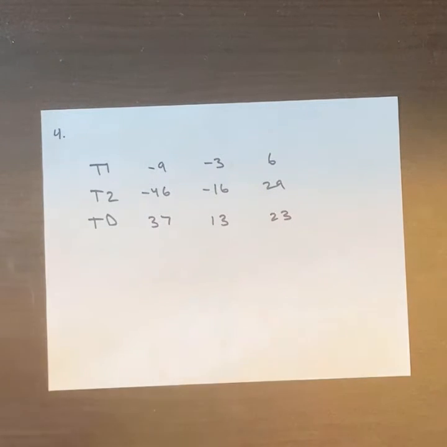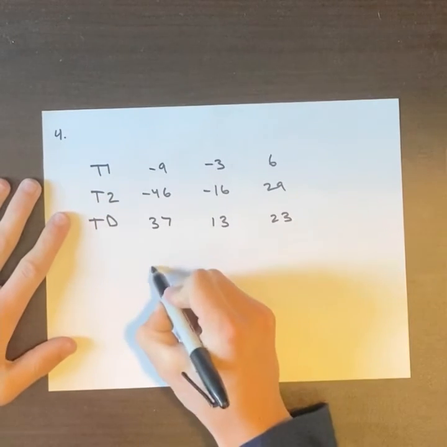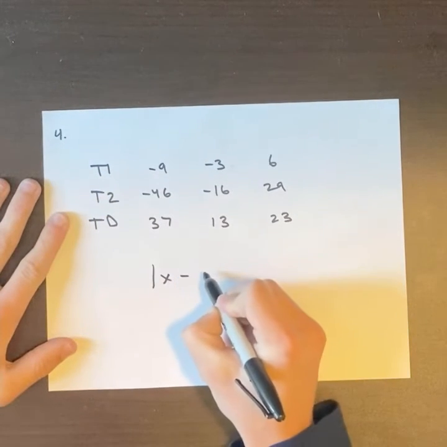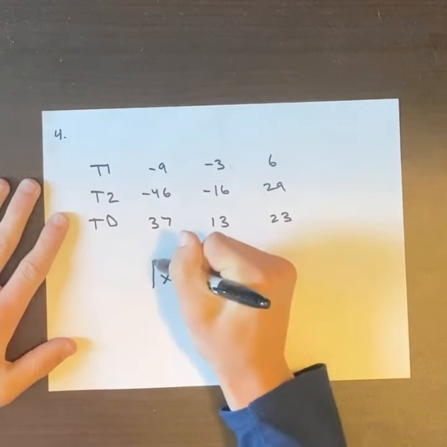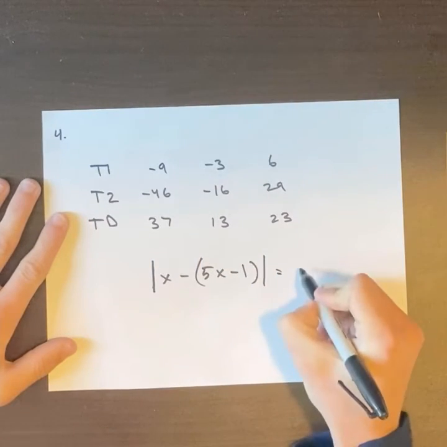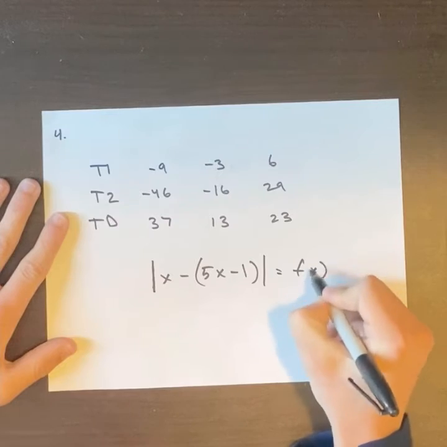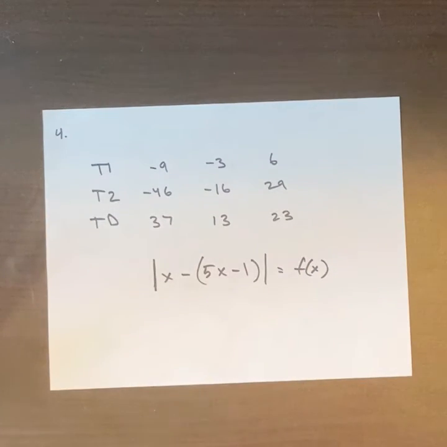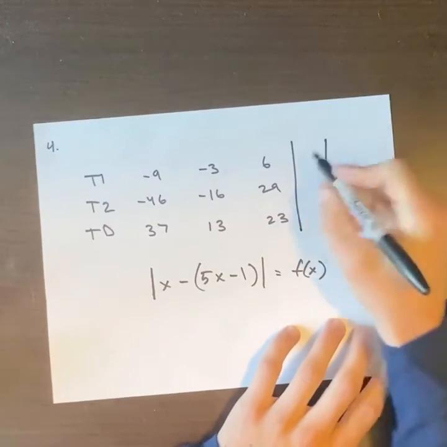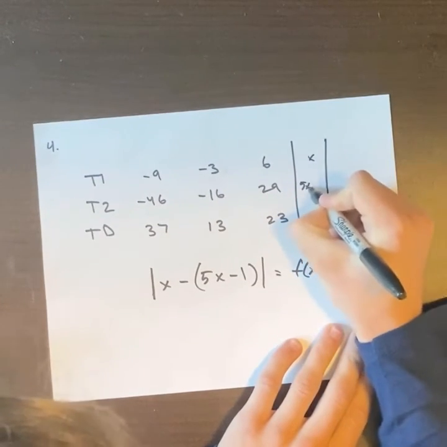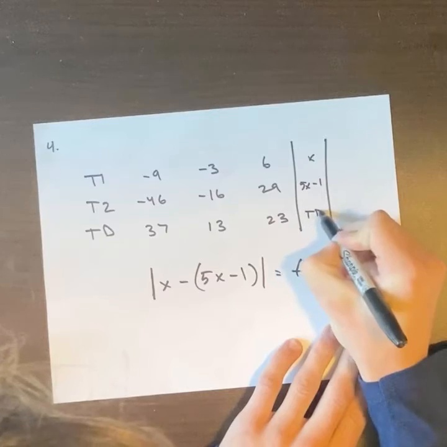And then the equation I found was actually x minus (5x minus 1) in parentheses, and that's all absolute valued, equals the function of x. And that equals the temperature difference. So here is x, 5x minus 1, and that's going to equal the temperature difference.